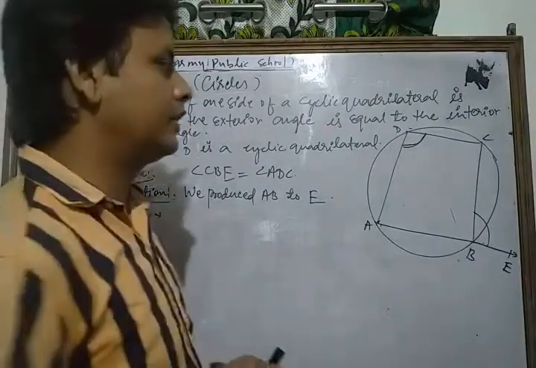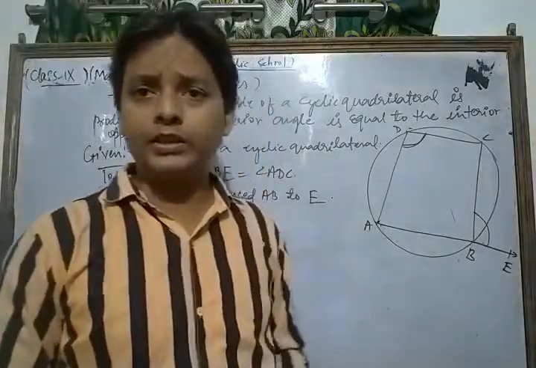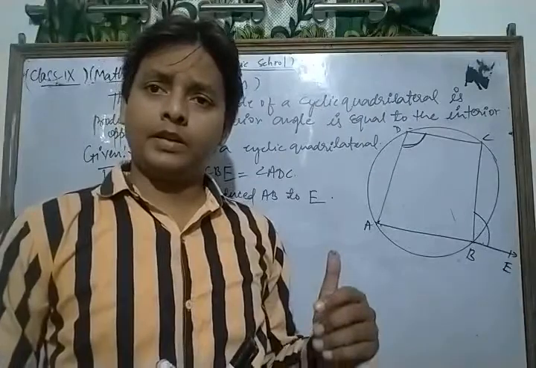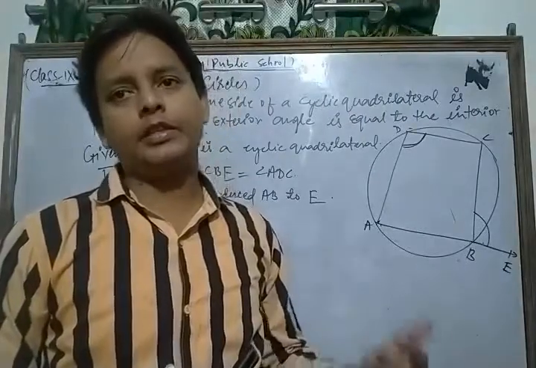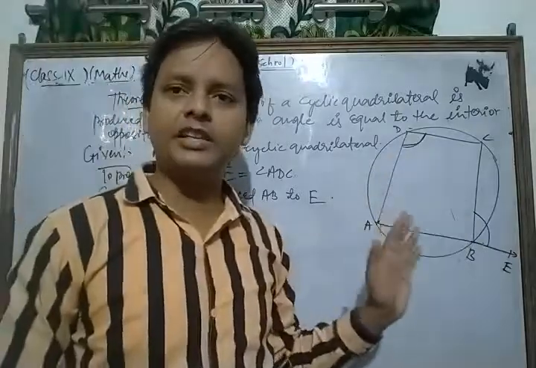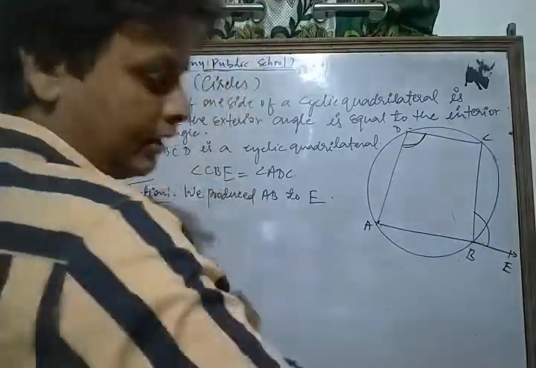Dear student, we just discussed that the sum of the opposite angles of a cyclic quadrilateral is supplementary, means the sum of their measures is 180 degrees. So according to that figure, ABCD is a cyclic quadrilateral. So write in this way.